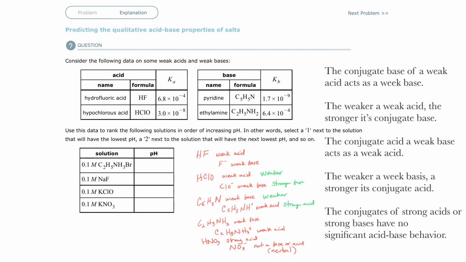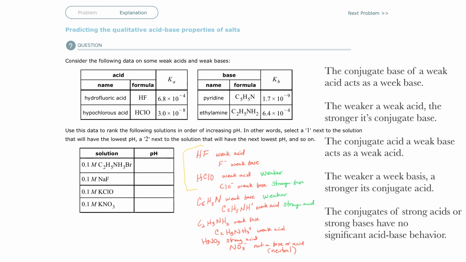All right, so of these two acids, or let's look at the first two. Of these two acids, HF and HClO, okay, their conjugates are going to be weak base and stronger base.